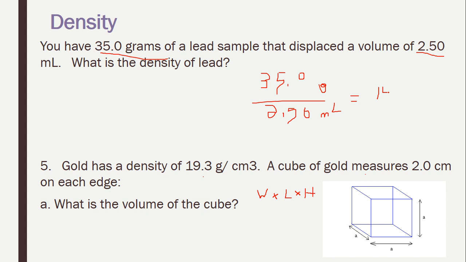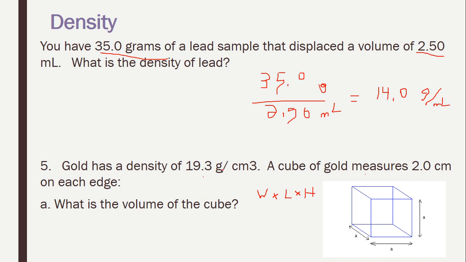But 14 only has 2 significant digits, and we have 3 here and 3 here. And as we just learned, you need to have 3 significant digits because that's the least accurate of either of your inputs. So it's 14.0 grams per milliliter. And that is the units of density.